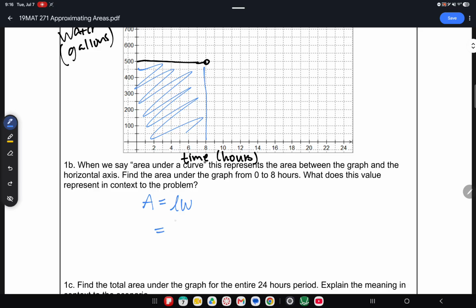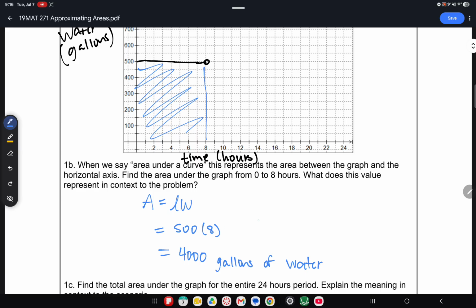One of them is 8, and the other one is 500. So we have an area of 4,000. And this would be in gallons of water for that context of the problem.